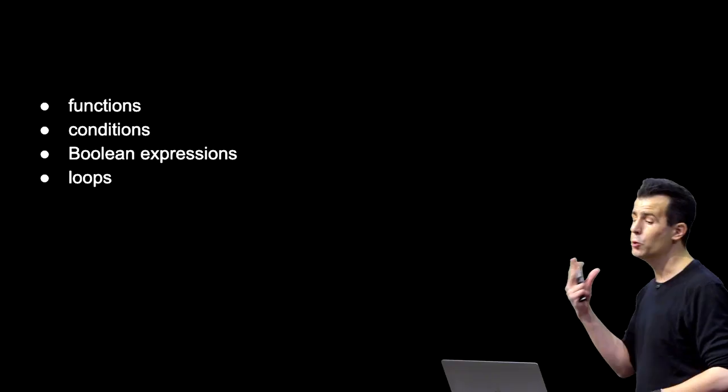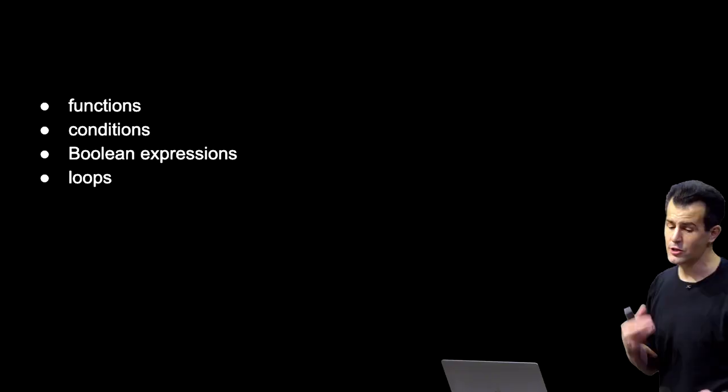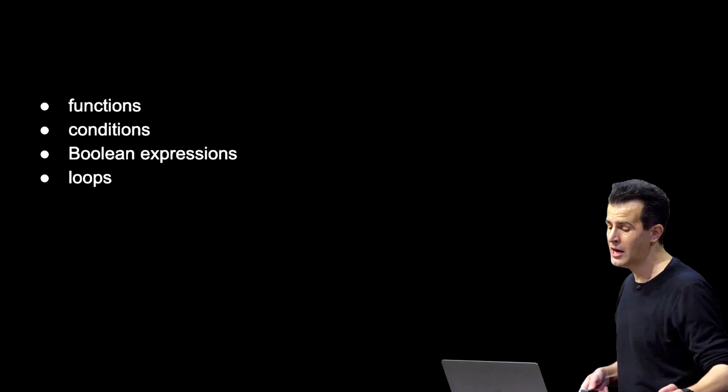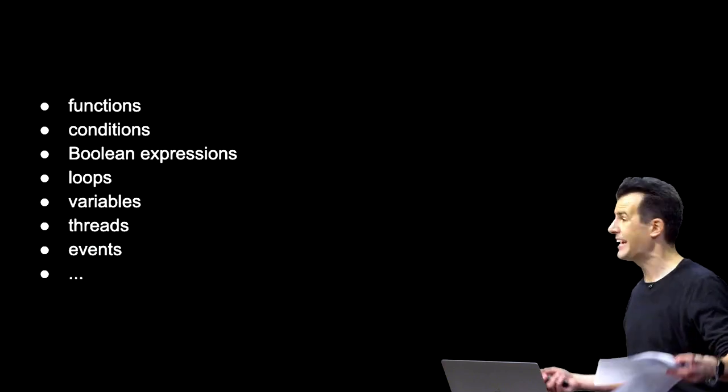But we'll see in all of the languages we look at in CS50 these things called functions and conditions, Boolean expressions and loops. And today, in just a moment, we'll also see some other features that we describe as variables, not unlike X, Y, and Z in math. Threads, which allow a computer to do, it would seem, multiple things at once. Events, and yet other features as well.